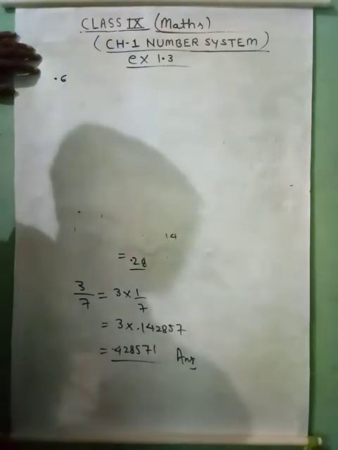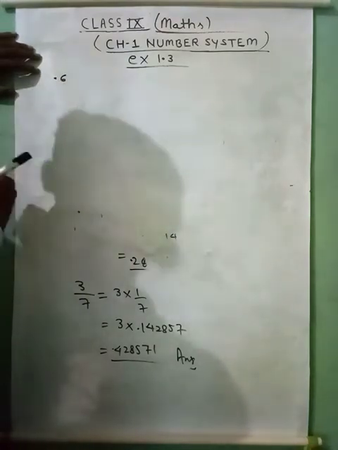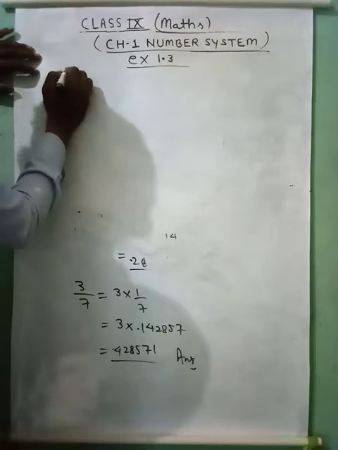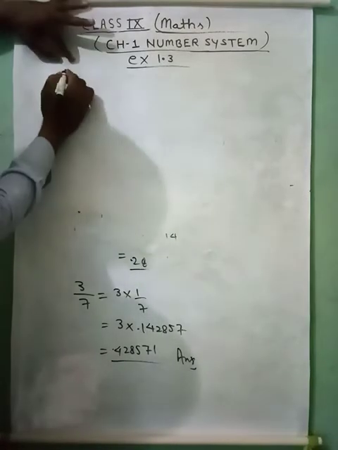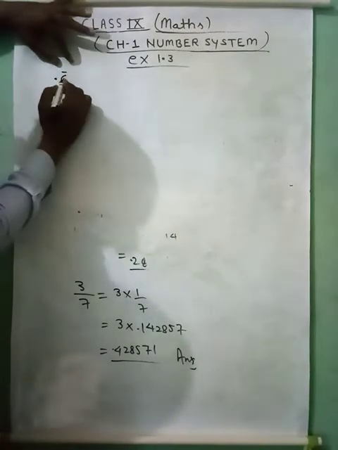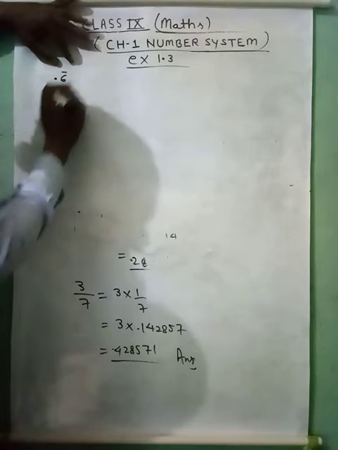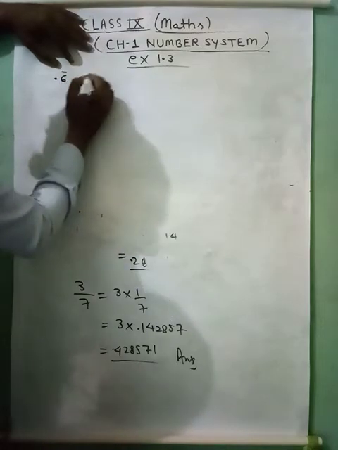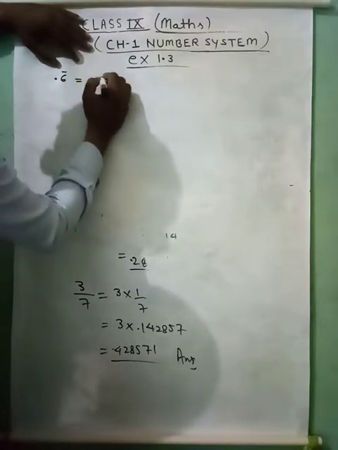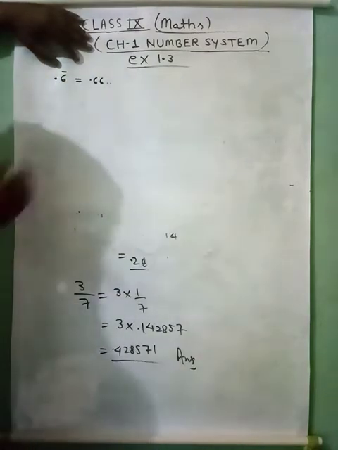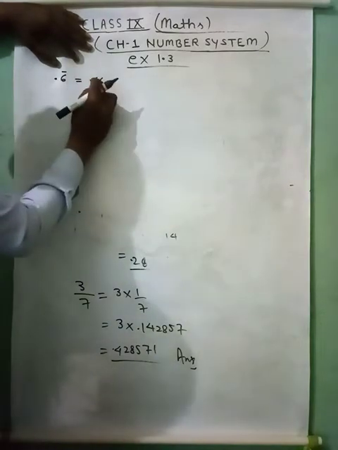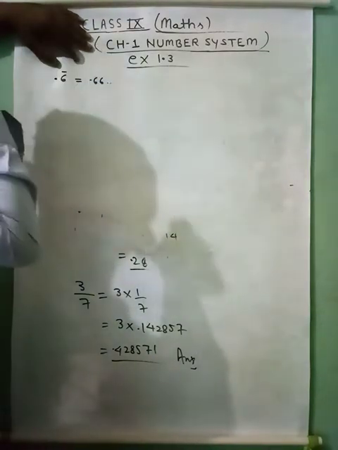You have to find 0.6 in the form of P by Q. We know that it is 0.6 with a bar. Here we see one digit is repeating. So we can write it as 0.66 and so on. It means the digit 6 is repeating.